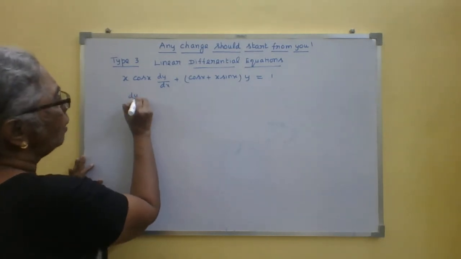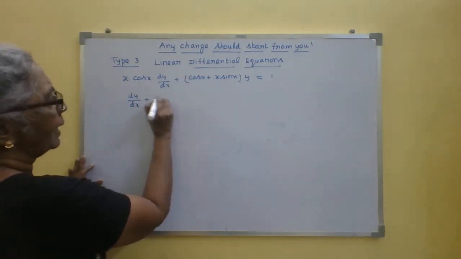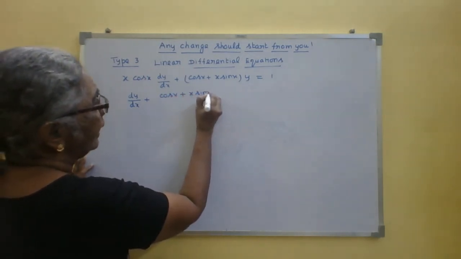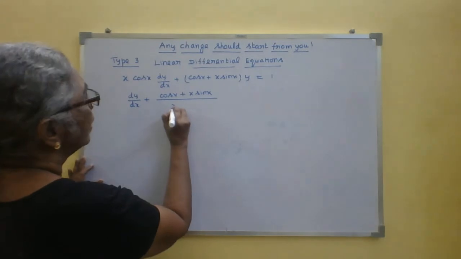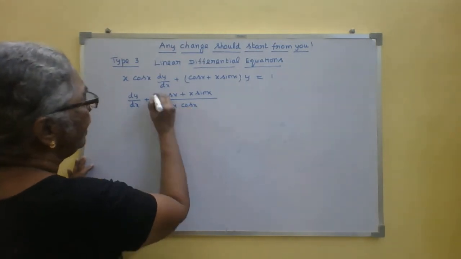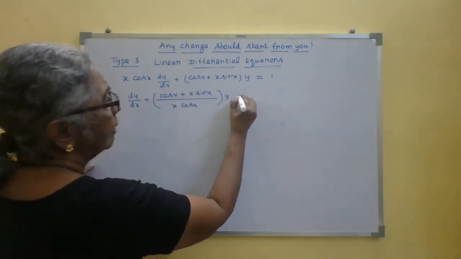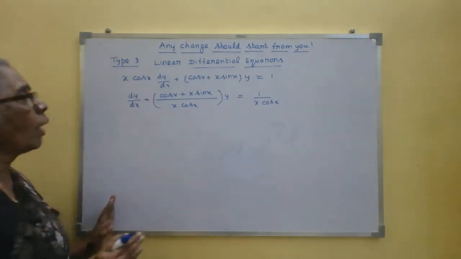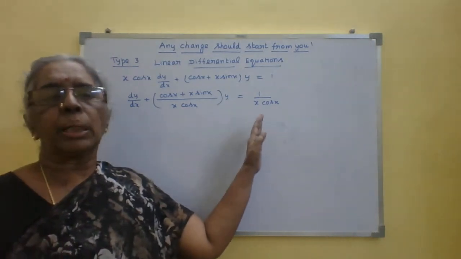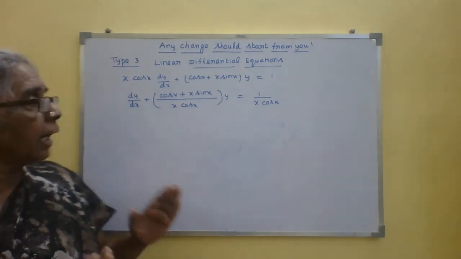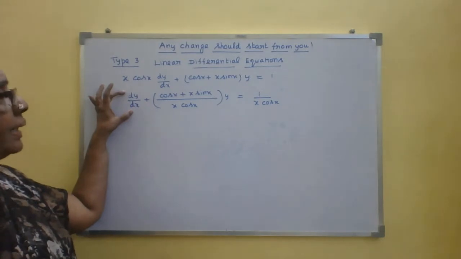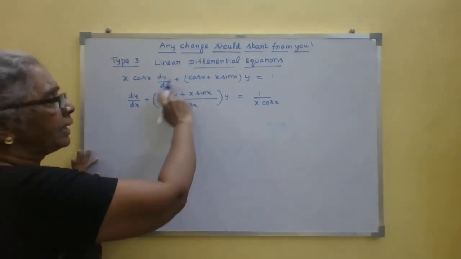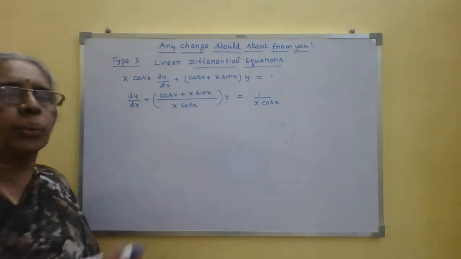So what will I get now? dy by dx plus (cos x plus x sin x) divided by x cos x, into y, is equal to 1 by x cos x. So I have divided the total equation by x cos x. Now I have got dy by dx plus some p into y, everything in terms of x, equal to q.